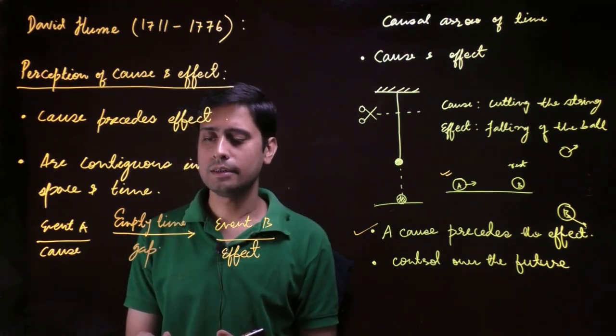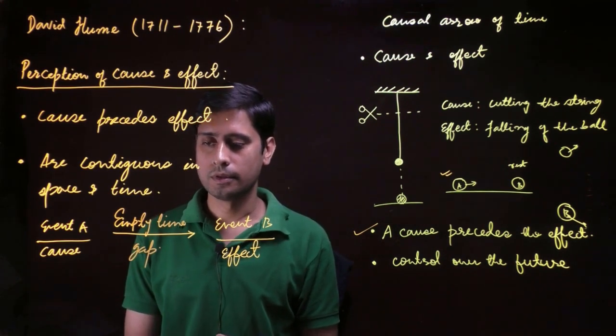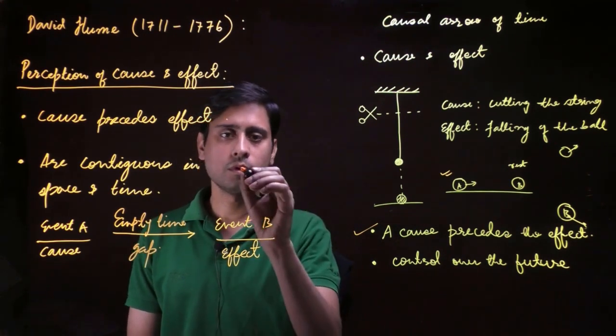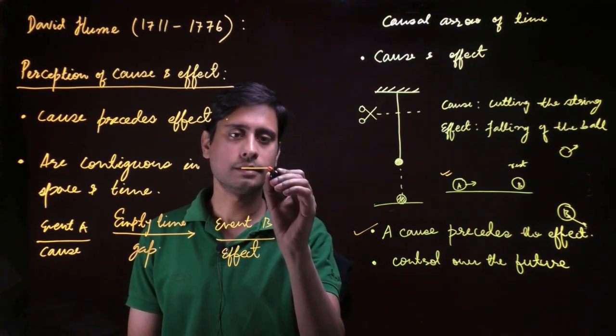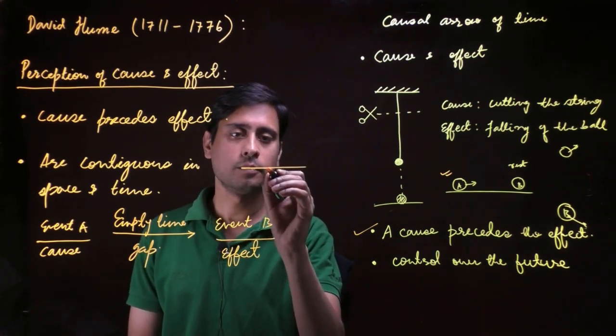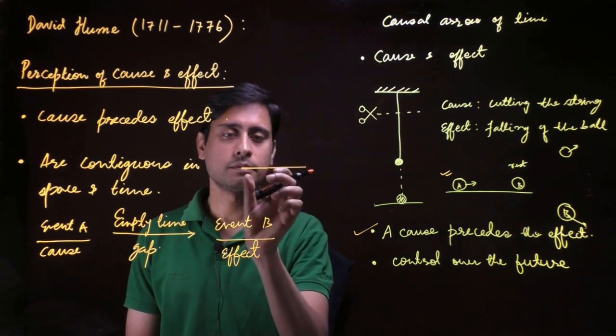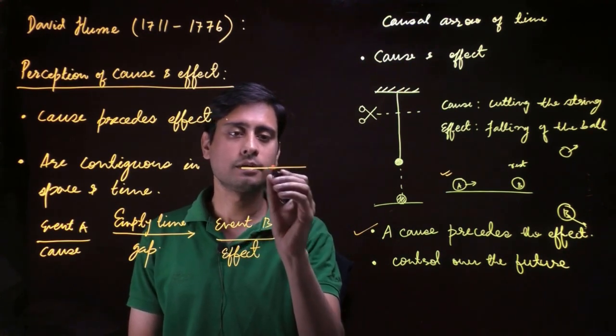Now you can ask how this is possible. Suppose this is event A and this is event B, and we are representing it by a line.